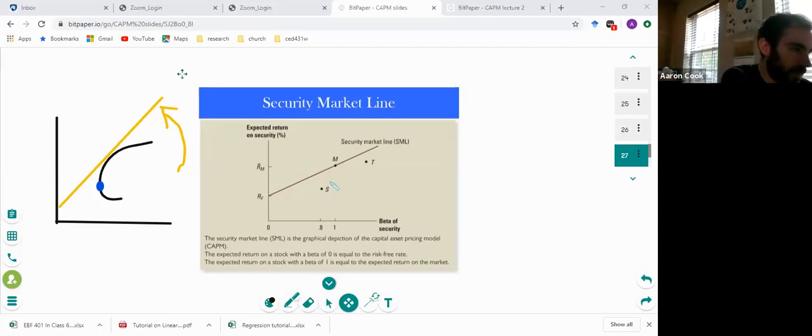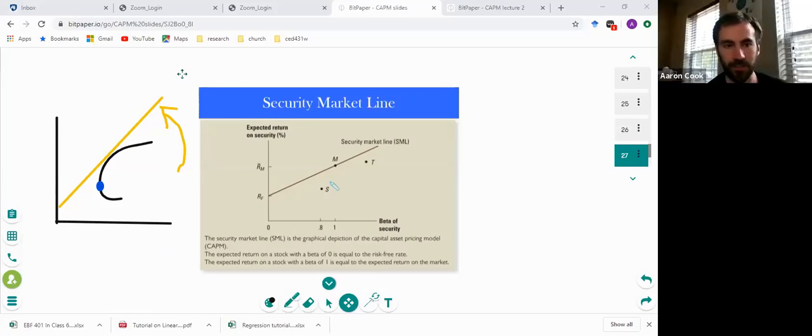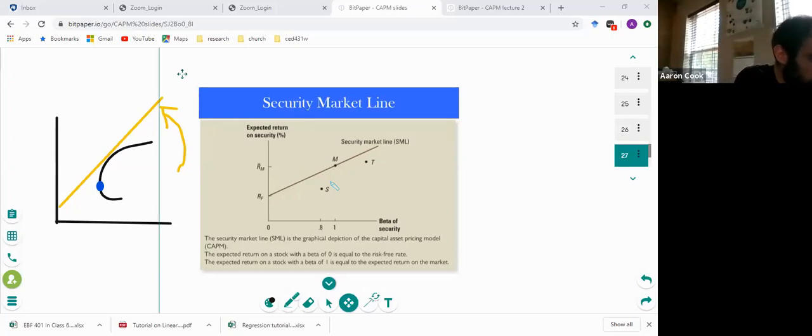that could never be optimal, because if we combine a portfolio on the black line with the risk-free rate, we can always achieve something that's on the yellow line. So rather than the blue portfolio, we could combine the portfolio that's up here maximizing the Sharpe ratio.